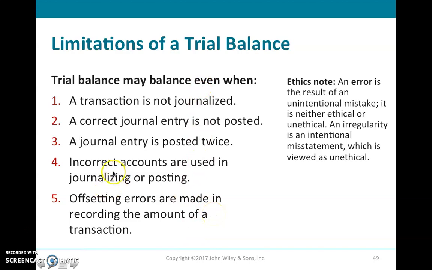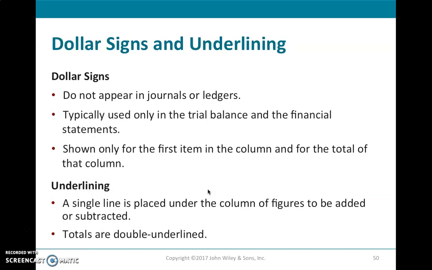Such as if we use incorrect accounts. Let's say instead of supplies, when we purchased it, I debited equipment. I mean, an account was debited for $2,000. It was the wrong account, but our trial balance will still balance. So this is one of the errors that you cannot catch by preparing a trial balance.